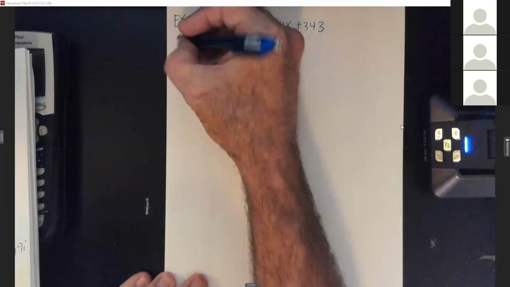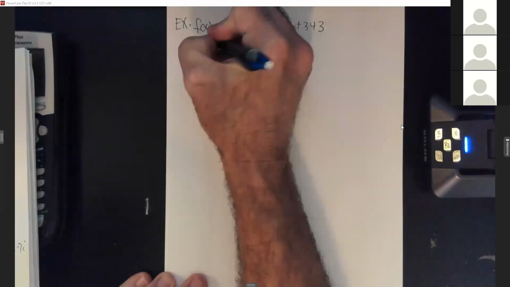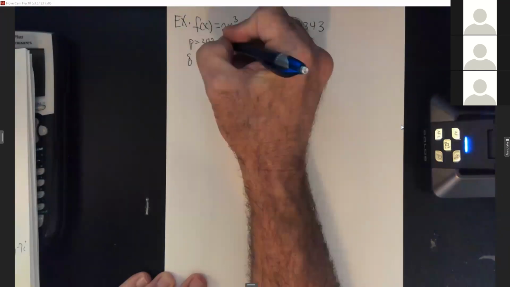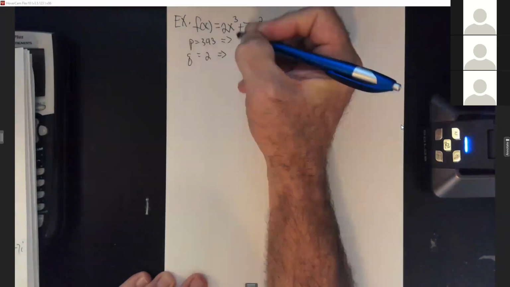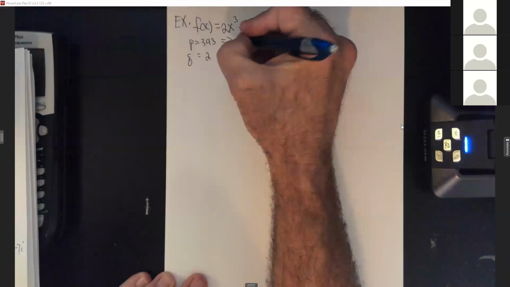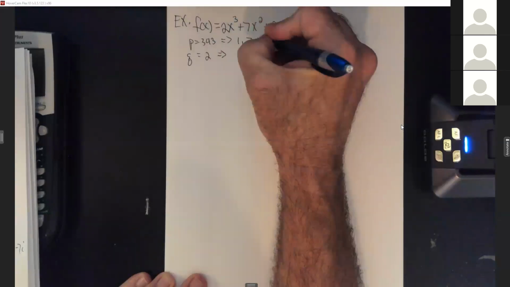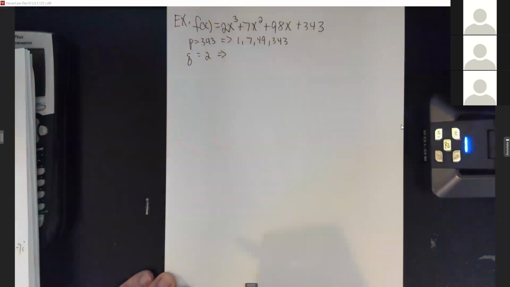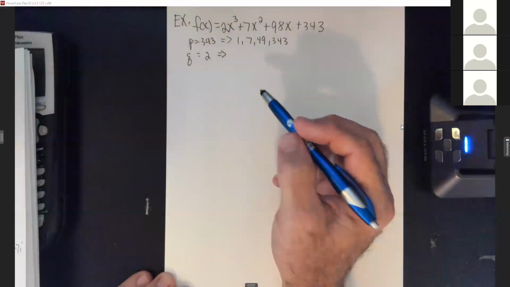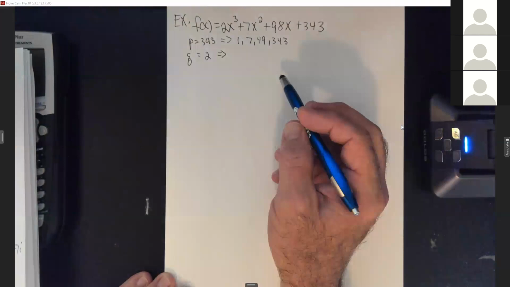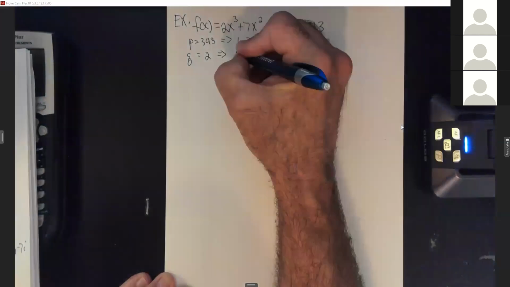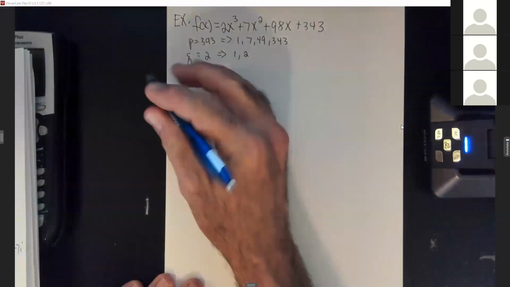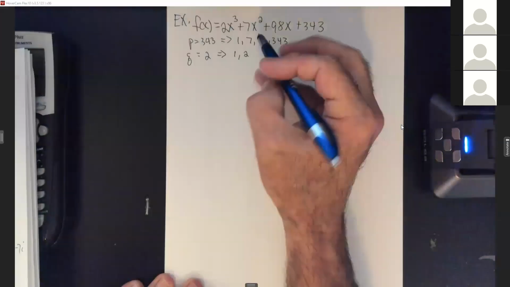P for this one would be the 343. Q will be the 2. I'm going to find all factors of 343, which will be 1, 7, 49, and 343. And y'all could have used the factor 2 program to get those numbers. And then my 2 only has factors of 1 and 2. So I'm going to find all the possibilities by taking all these P's and dividing by the Q's.